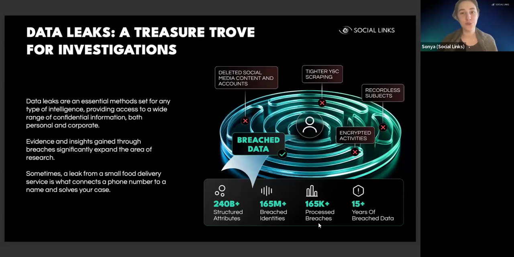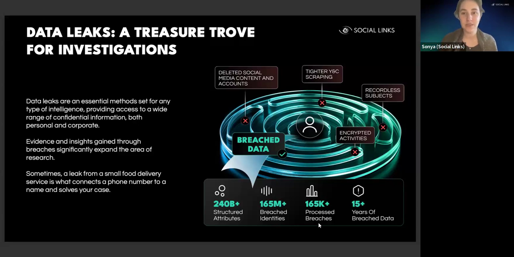However, how is it useful to us as investigators? Basically, we can use it in person of interest investigations. For example, you have hit a dead end, and that happens quite often. You can see on the picture here on the slide that there are some challenges that we have in OSINT.